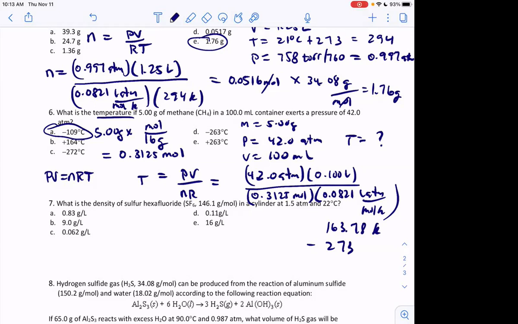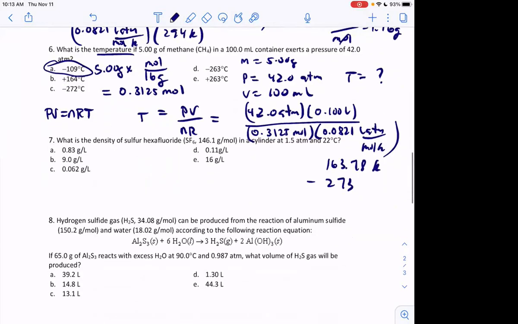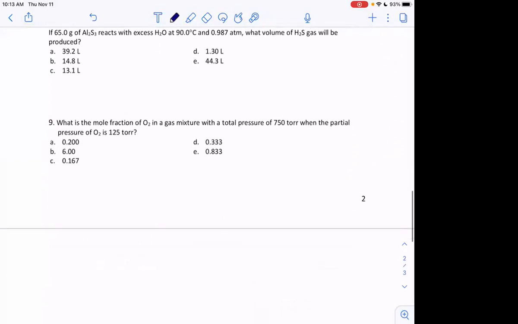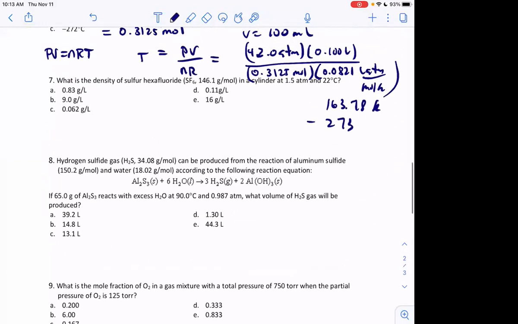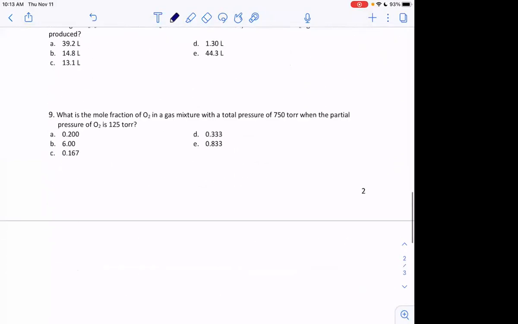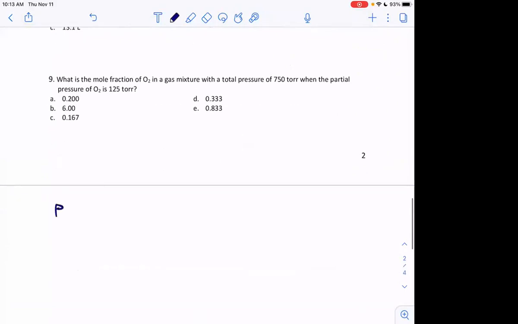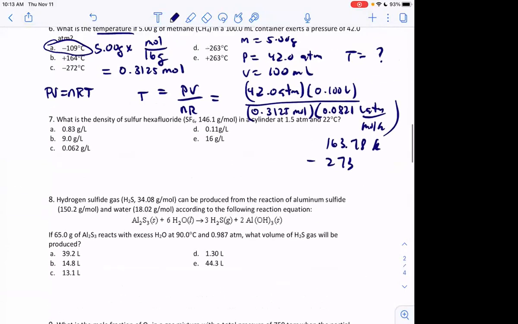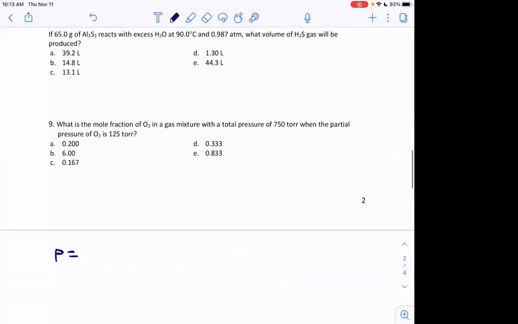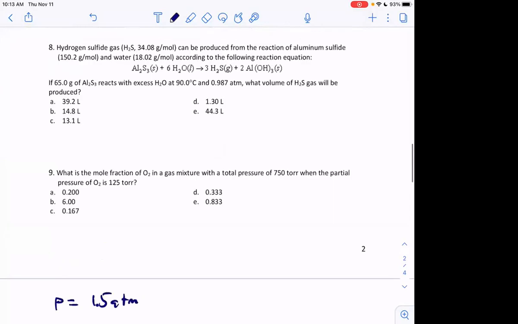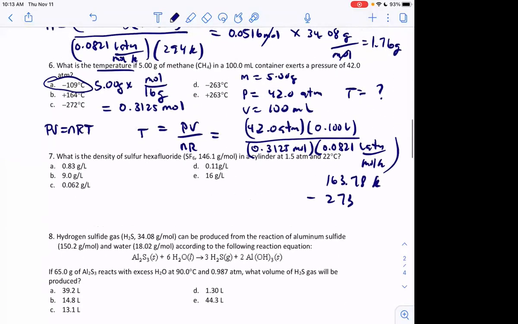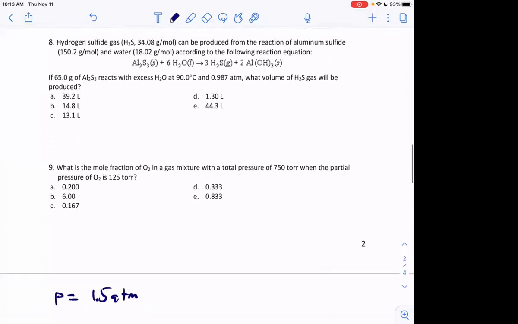I feel like I'm going to need more room, so I might just go down here. Okay, so we've got a pressure, 1.5 atmospheres. Temperature, 22 degrees C.